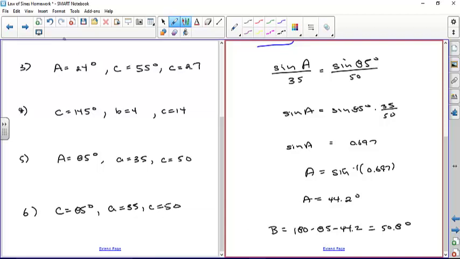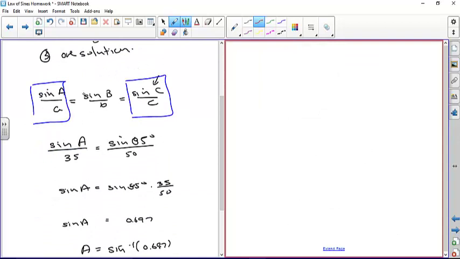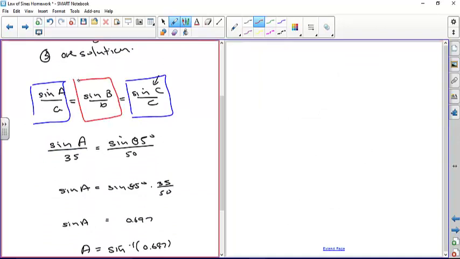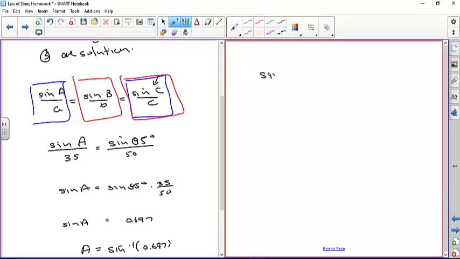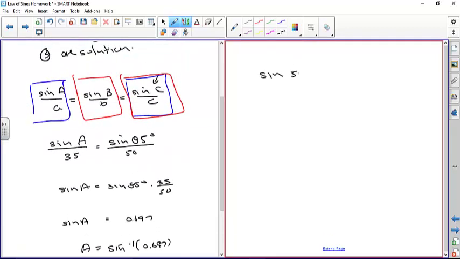So now what we do is we could use either one of these. We'll just set it equal to that one. So we have the sine of B, B is 50.8, divided by the length of B, which is what we're trying to figure out. That's equal to the sine of C, which was 85 degrees, divided by the length of C, which was 50.